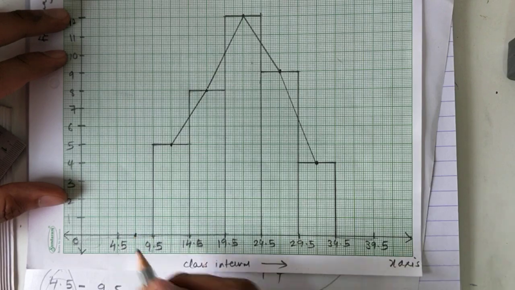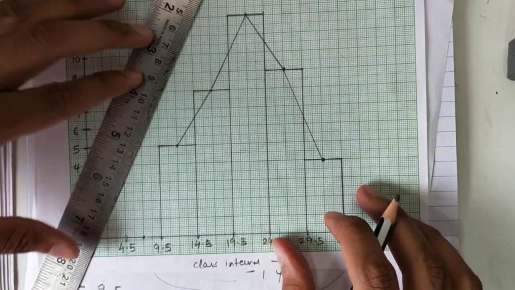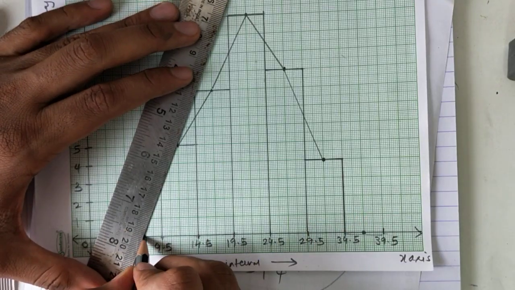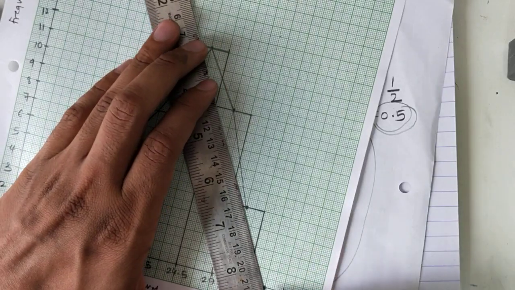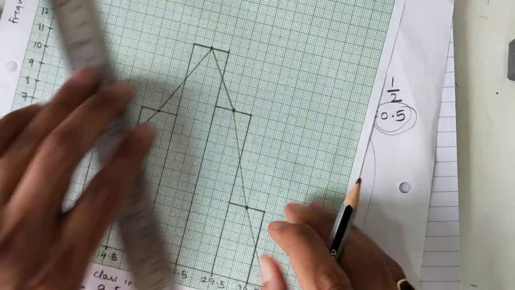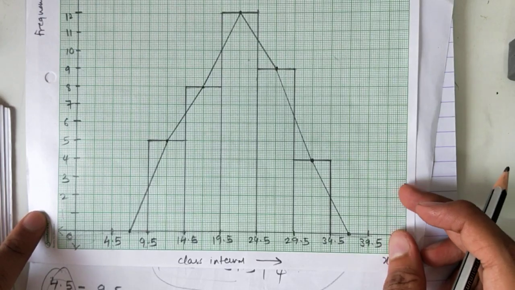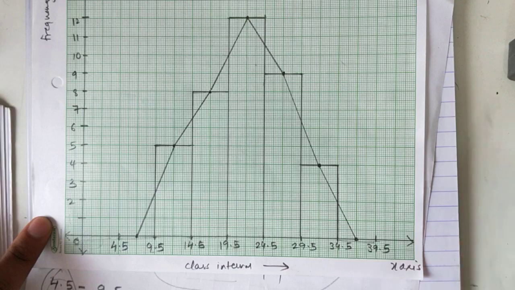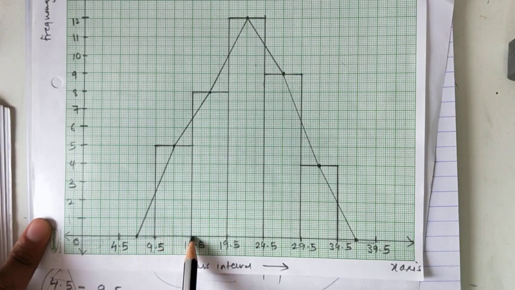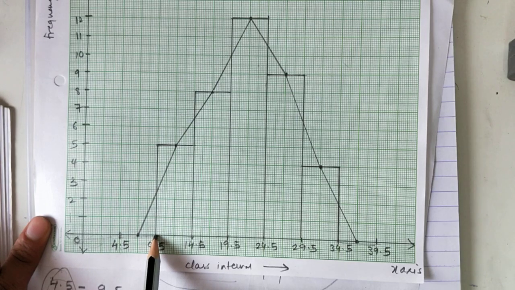So take their midpoints to start and end your frequency polygon. So this will end here. This is how your frequency polygon will look like. Data started from 9.5 to 14.5, with one extra interval.